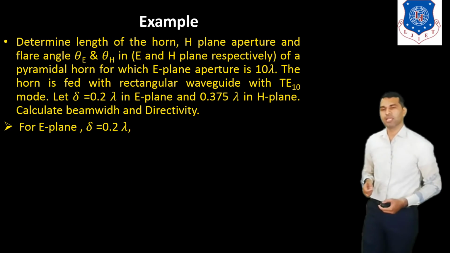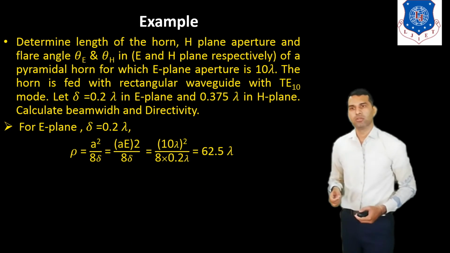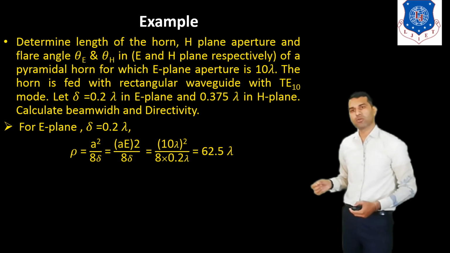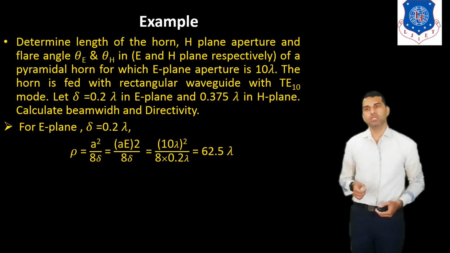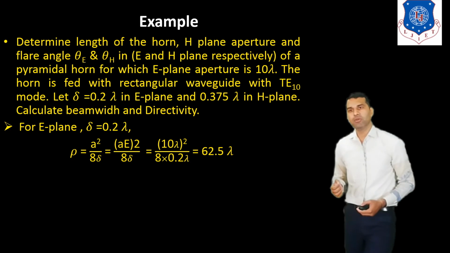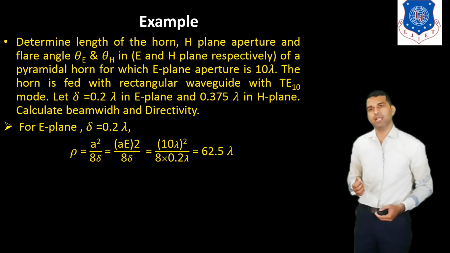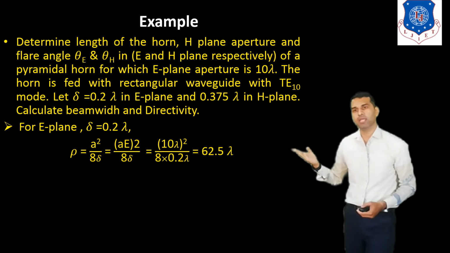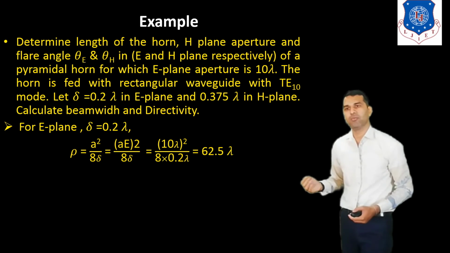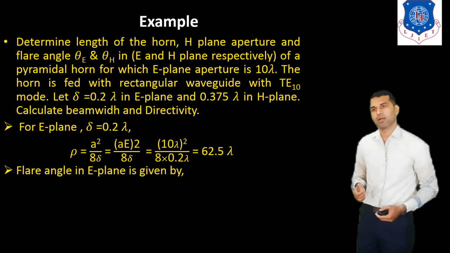So for the E-plane, delta is given as 0.2 lambda. So we can calculate rho by using this equation: rho is equal to a square upon 8 delta. And we know that a for the E-plane is given as 10 lambda. So putting the value of aE and delta, we get rho is equal to 62.5 lambda.